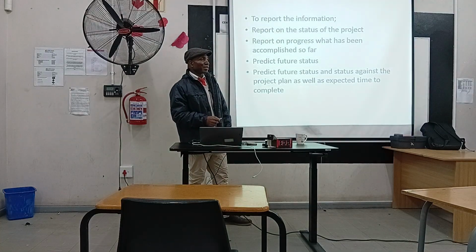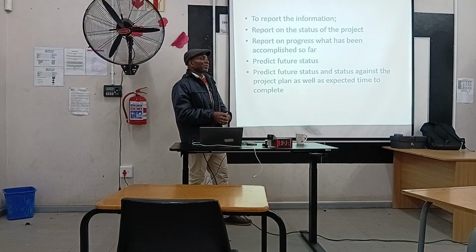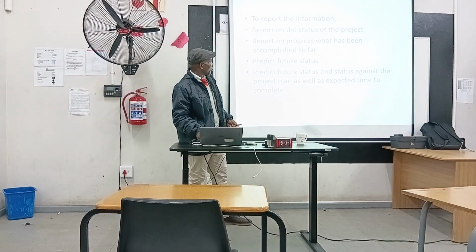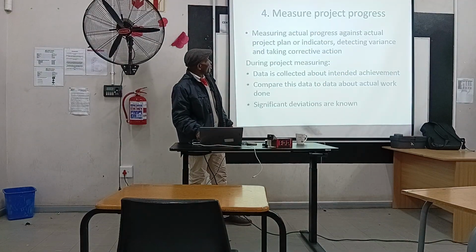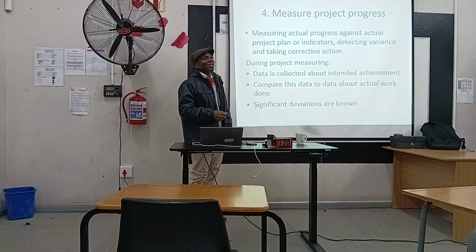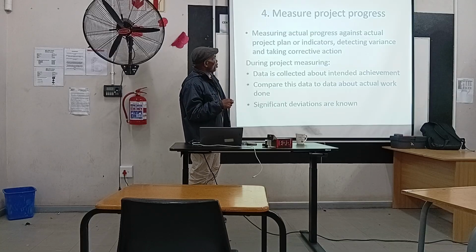You are able to collect progress data and performance data from the project side. Then, how do you measure project progress? Measuring actual progress, we've already talked about this, and this is a kind of repetition. When you measure actual progress against the project plan or indicator, then you are able to detect the variance, if there is variance.